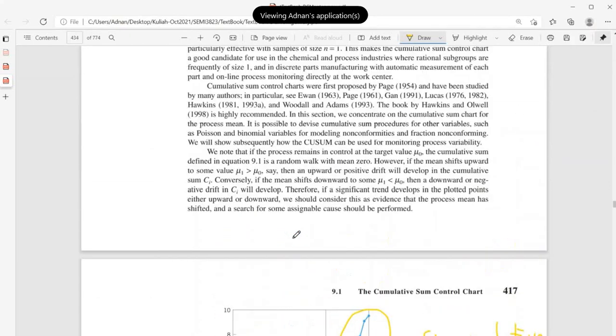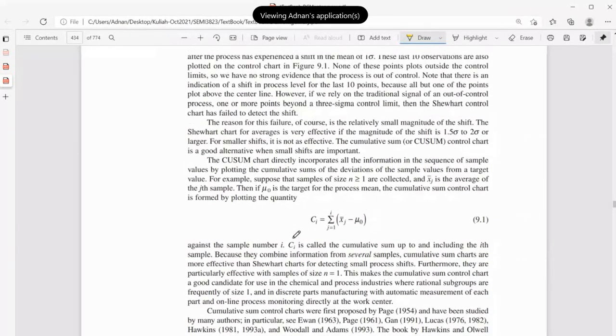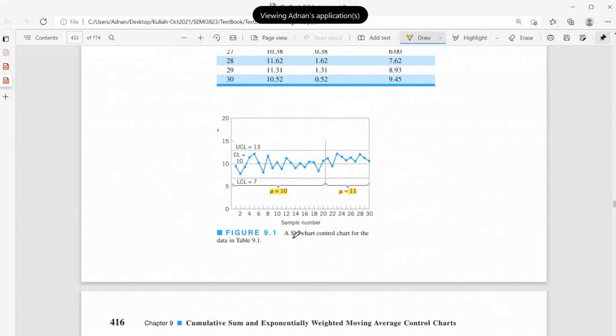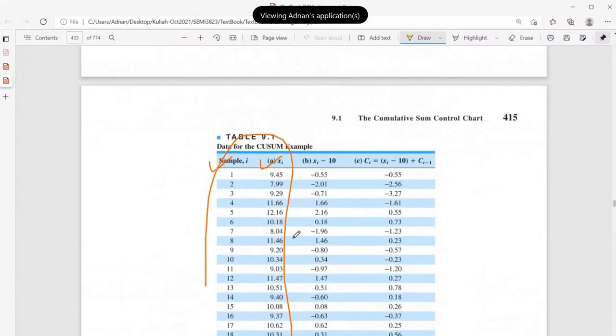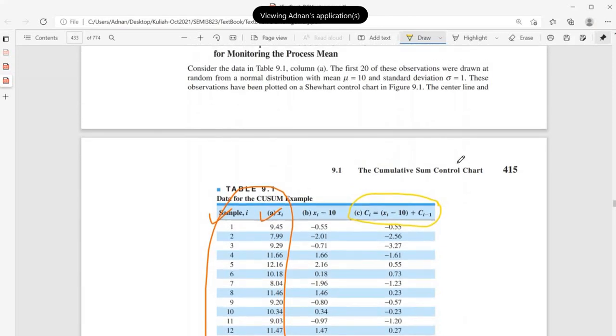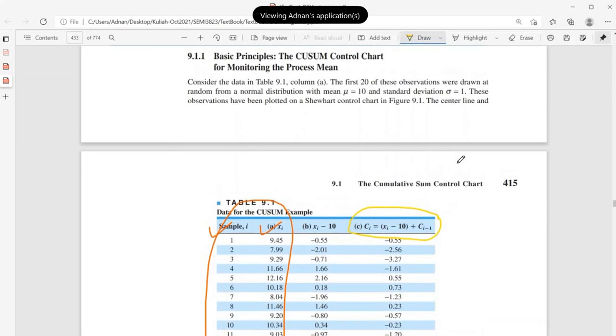So how do we do this? We need to understand how to get these cumulative values. In cumulative sum, these are the C values. What we are plotting is the C values, which is xi minus 10. What is the 10? 10 is the center, which is the mean of the process. Here we are monitoring the process mean.